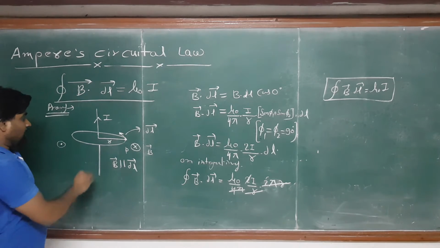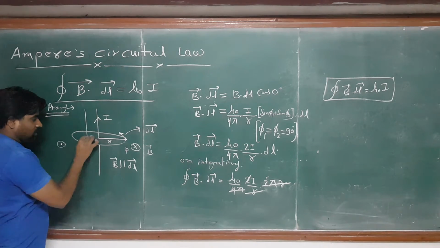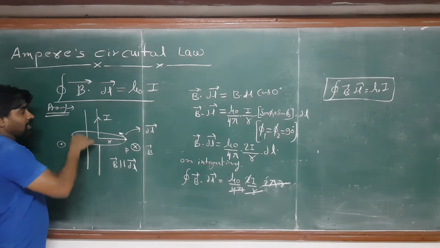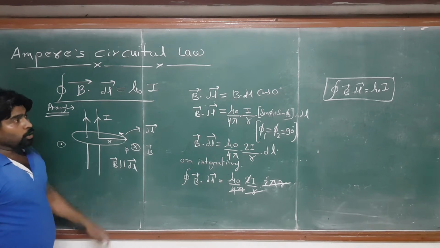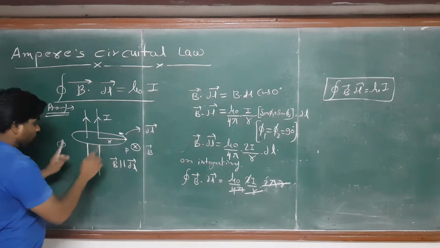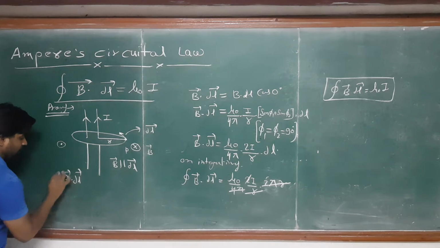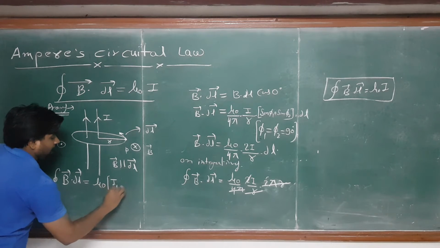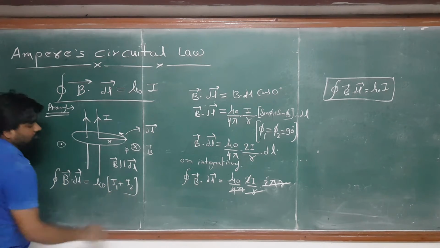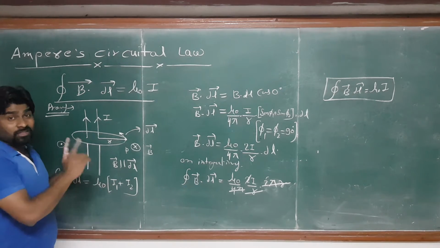Let's suppose there is another straight current carrying conductor passing like this with a similar direction. Then you will write in this formula, if there are two currents, I am writing directly: the line integration of vector B dot vector dL is equal to mu naught times I1 plus I2, if these two conductors carry current in the same direction.